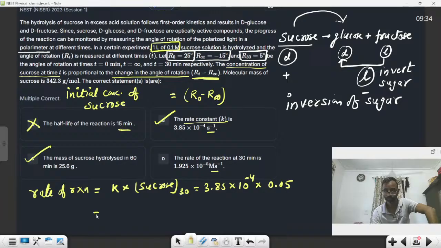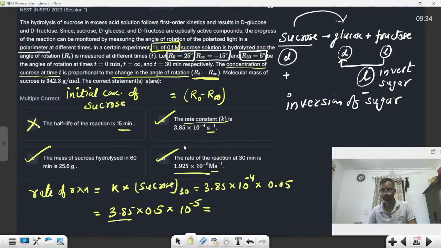That is 3.85 into 0.5 into 10 raised to minus 5. So half of this is 1.925. That means the rate of reaction at 30 minutes is also correct, that means B, C and D options are correct.